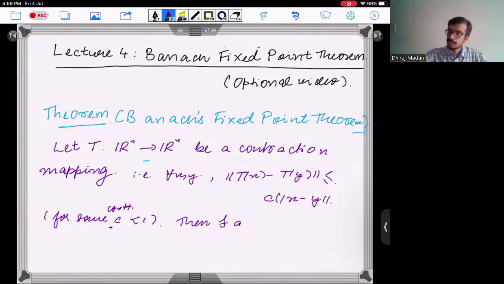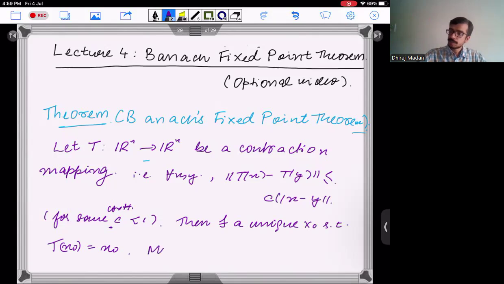there exists a unique x naught such that T(x naught) equals x naught, which means that this is a fixed point, as in T fixes this x naught to x naught.